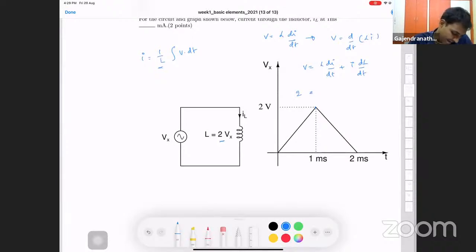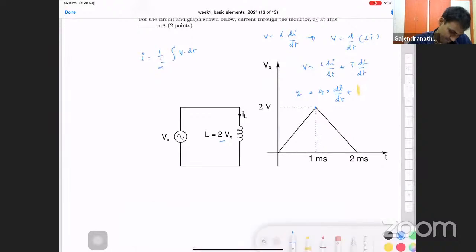L is 2 times Vx, that is 2 times 2, that is 4 times di by dt, plus the current, which I don't know, I, times dL by dt, the slope of this line at 1 millisecond.